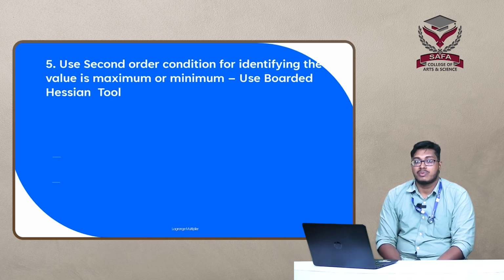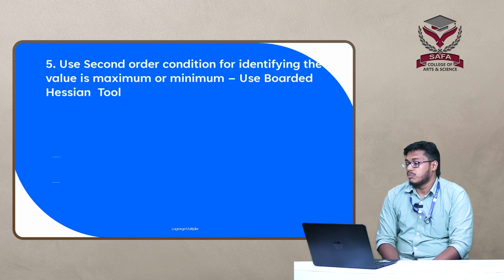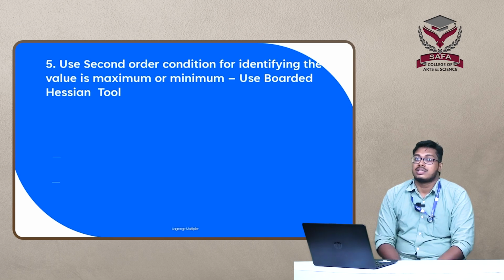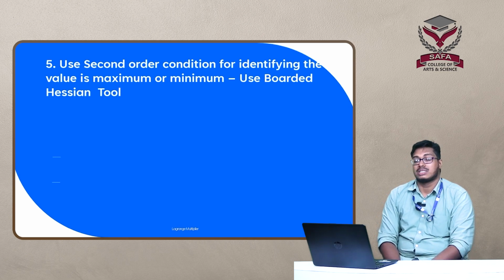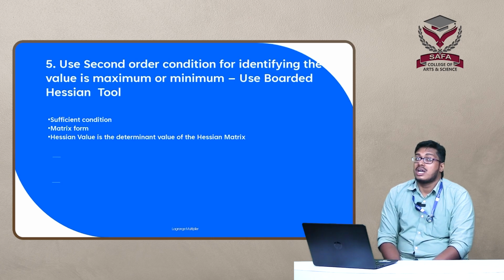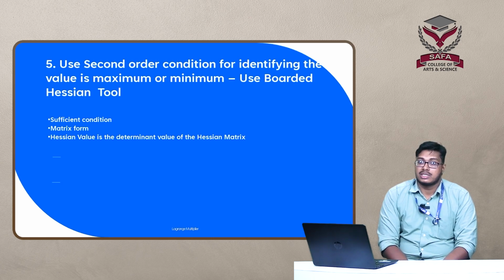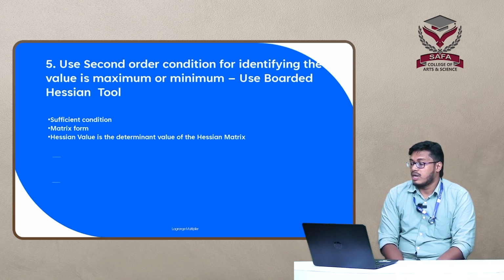For the identification of this, we need to use a tool, that is the bordered Hessian tool. This is a second order condition for identifying whether the value is maximum or minimum. This is a sufficient condition for the optimization method.